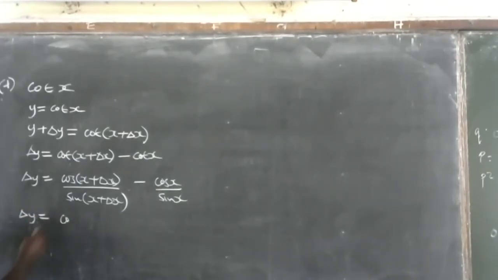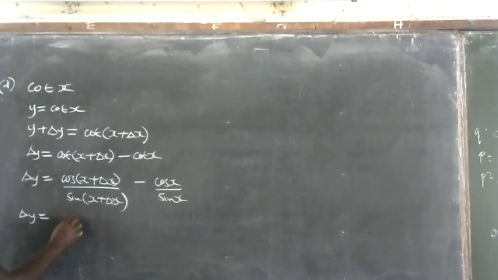Change in y becomes cos. Now here, it's where the problem came from. You have to begin with sine instead of cos when you are multiplying by the LCM. So you have to begin with sine.